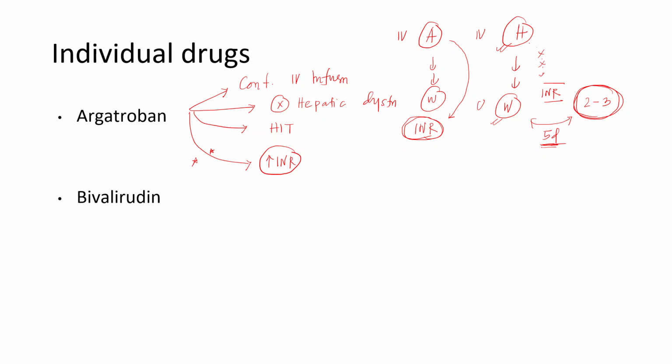If you think that INR has come to the therapeutic range and you stop the argatroban, but in reality warfarin has not produced that much effect to cause a therapeutic INR, then that will lead to a disastrous scenario. That's why this increase in INR by argatroban causes a difficult situation clinically.